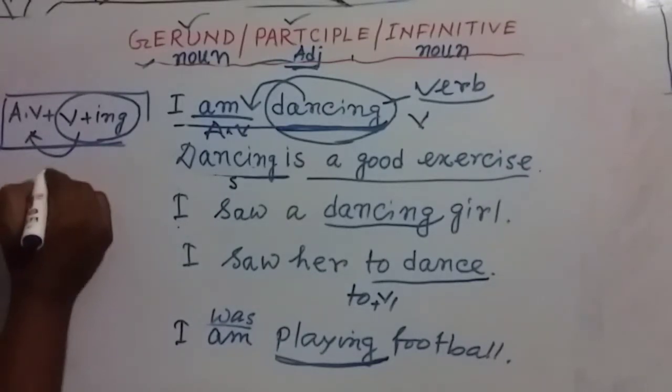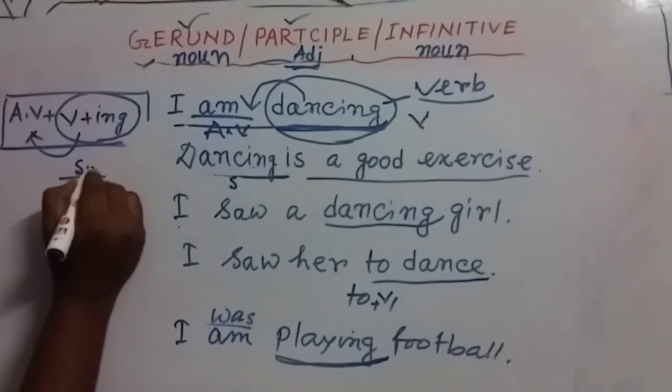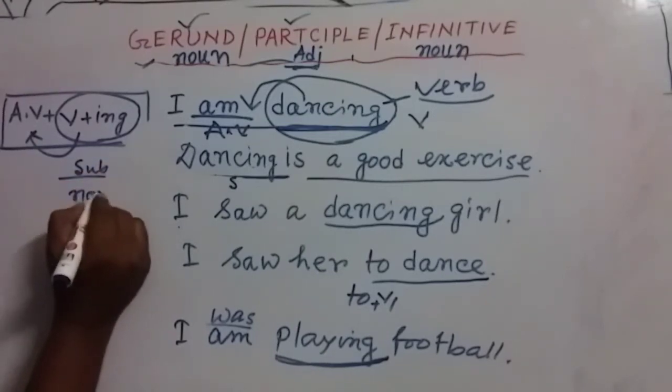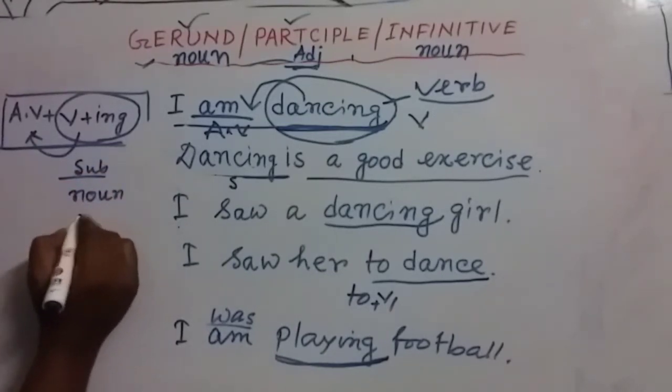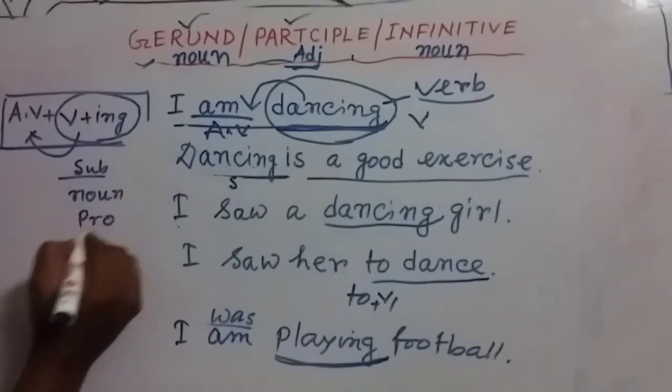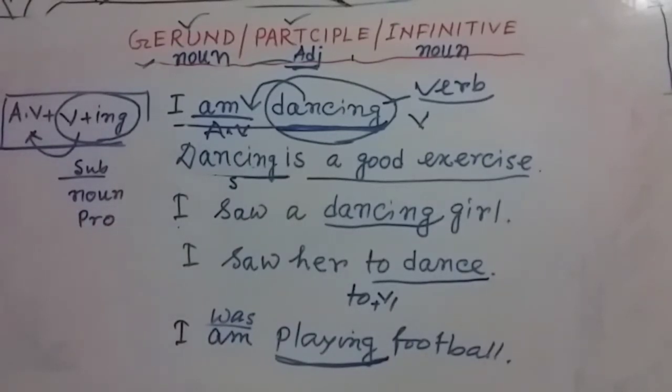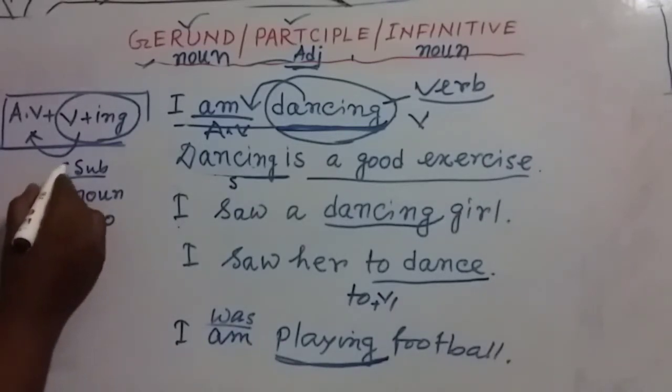And you know my dear friends, the subject can be a noun, maybe a pronoun, maybe a noun phrase, maybe a noun clause, maybe a gerund, but not a participle. A participle cannot be the subject of a sentence, because a participle acts like an adjective, and an adjective cannot be the subject of a sentence.